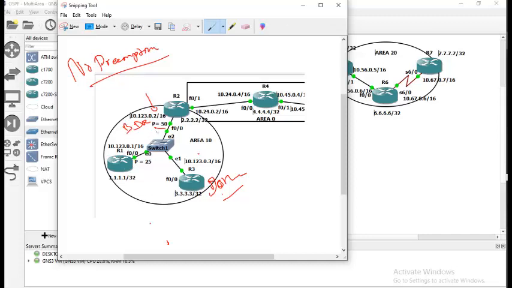And if anyone says, no, your priority is not big, mine is big, say for example this guy has got 250, he will say, you are not supposed to be a BDR, I'll be the BDR. So initially, they only call themselves BDR, not DR.